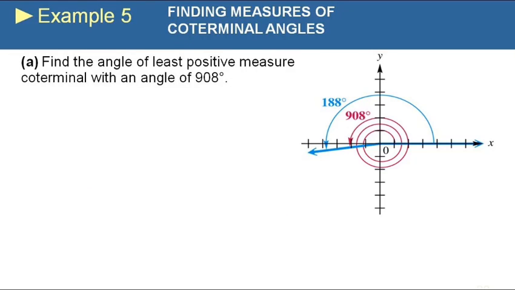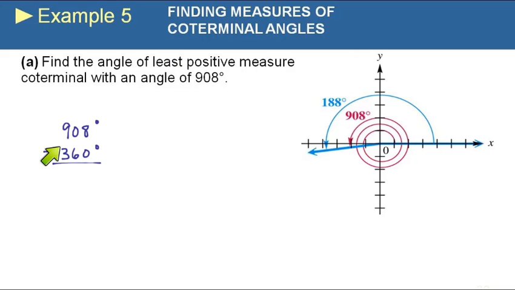So for example 5, we're going to find the angle of least positive measure that is coterminal with 908 degrees. So now what we should do is we should start with 908, and we should subtract 360 degrees until we get something that's less than 360 degrees, and that will be the smallest positive measure.